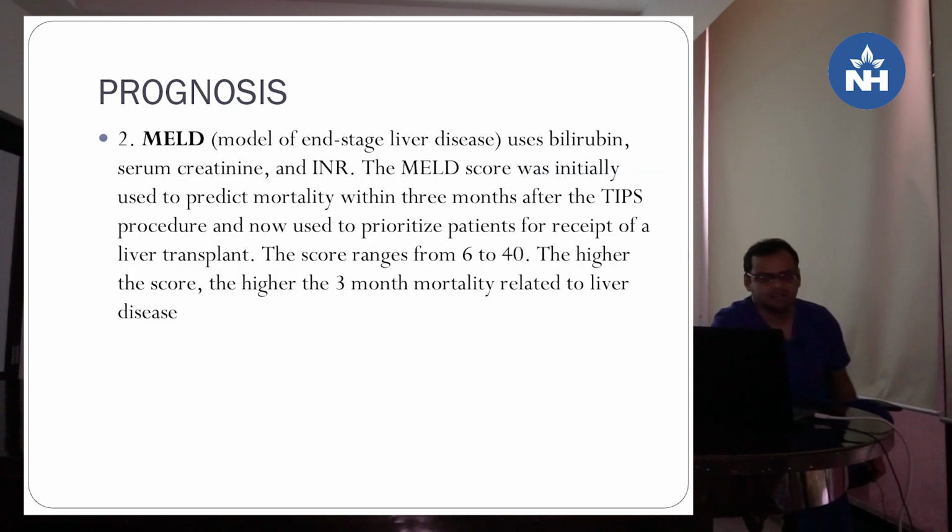Now, prognosis: the model for end stage liver disease score. It includes bilirubin, creatinine, and INR, with values ranging from 6 to 40. The higher the score, the higher the chance of 3 months mortality related to liver disease. The MELD score is practically used for liver transplant, to predict the mortality after liver transplant or TIPS.